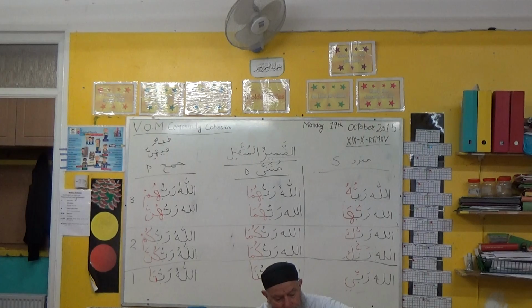Hunna, hinna, they, them. Ka, you, your. Kuma, you both, your. Kum, you, your. Ki, you, your. Kuma, you both. Kunna, you or your, feminine. First person male: ya, ni. Na, us or our.